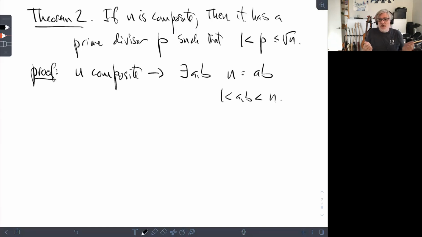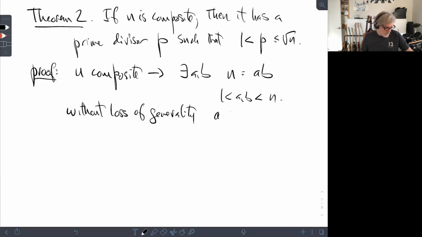It's not a prime, so you can factor it as a product of two numbers. Now I'm interested in the smaller of these two numbers. It might be b, but I'll just call it a. So without loss of generality, a is less or equal to b.